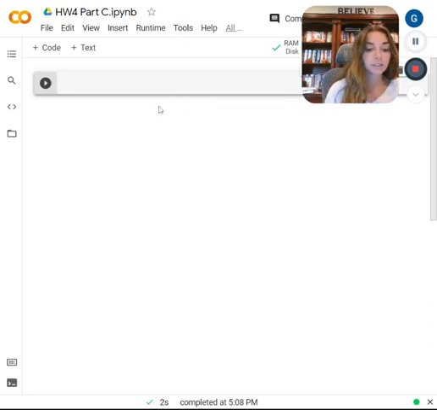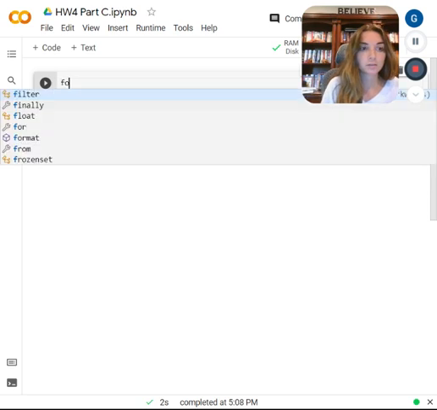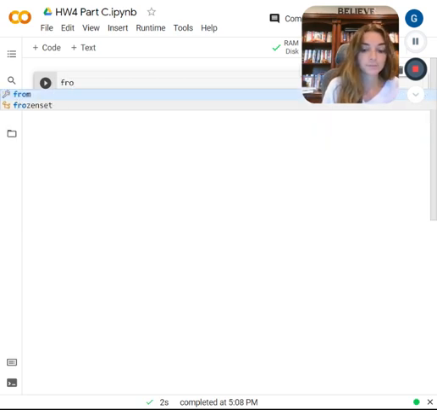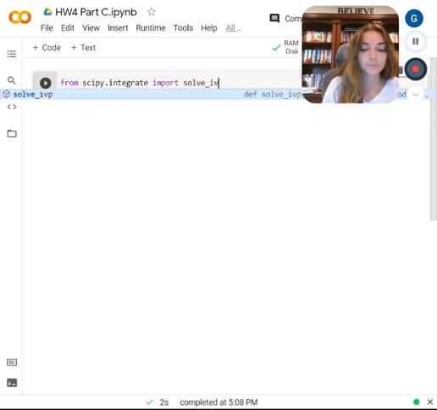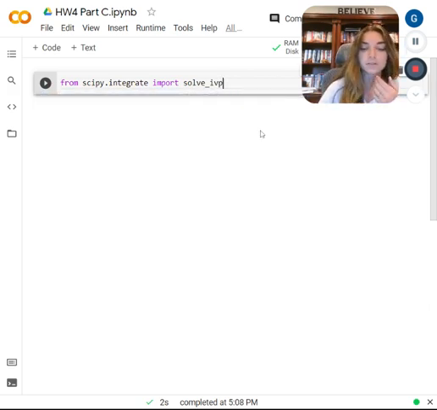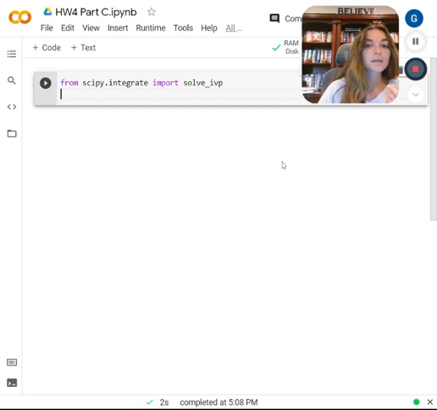So what we're going to do here is we just import some functions from SciPy integrate, import solve_ivp, initial value problems. So this is just going to allow us to solve a set of differential equations, which we'll be doing in our code.